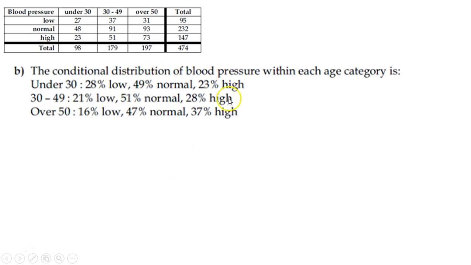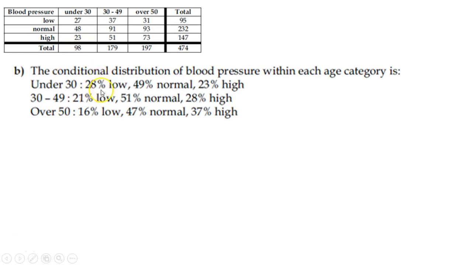The conditional distribution of blood pressure within each age category is, so the conditional distribution of blood pressure within each age category, right? So now they're looking at it in terms of age.